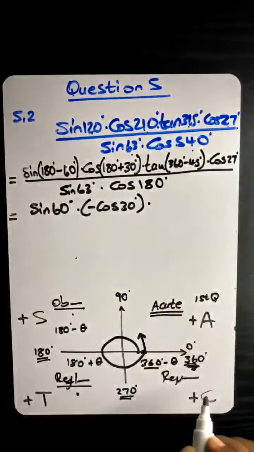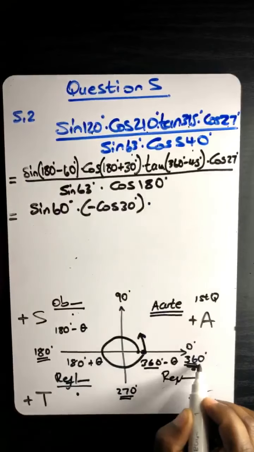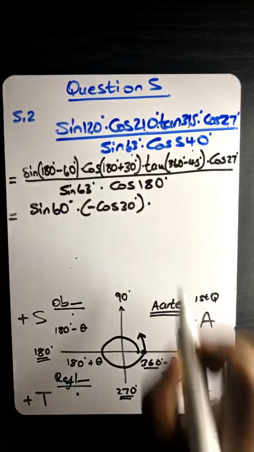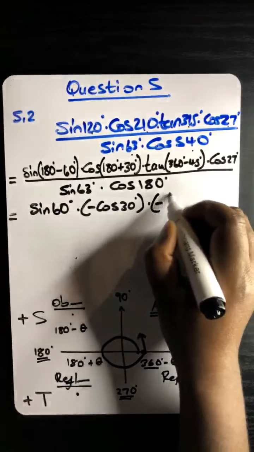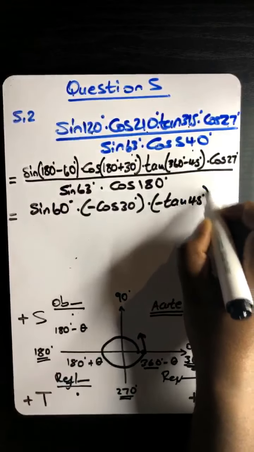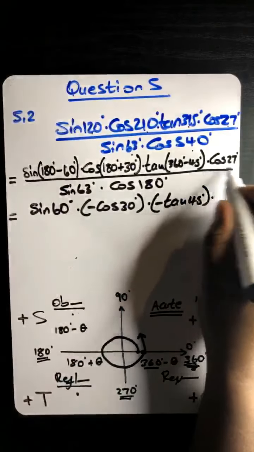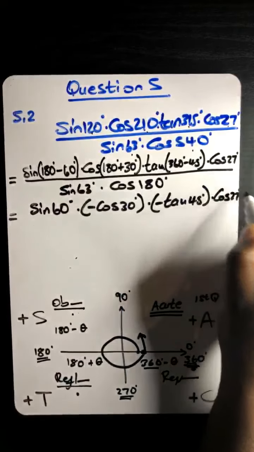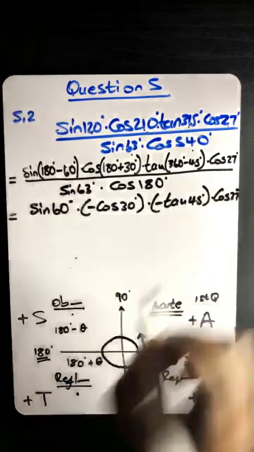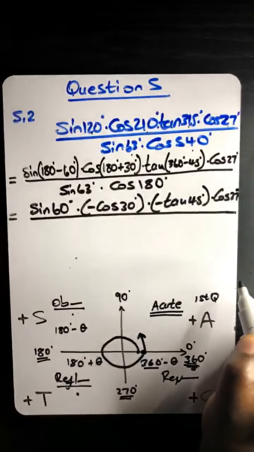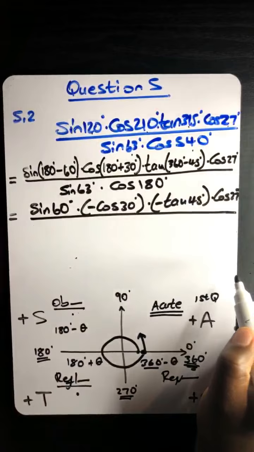Now tan 360 minus falls here, and here it's only cos which is positive, so tan is negative in this quadrant: tan 45 degrees. So now I'm having this one being cos of 27 degrees.